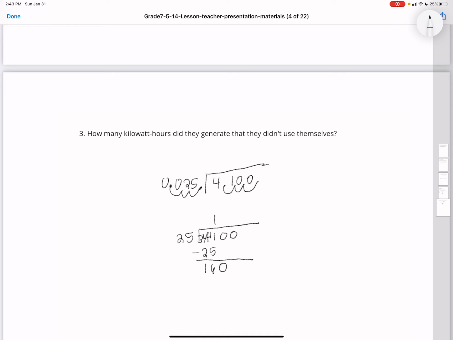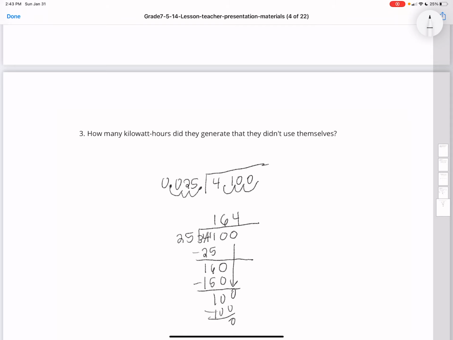Well, 160 is close to 150, and 25 could go into 150 six times. And then you ask yourself, how many times can 25 go into 100? Well, there's 4 quarters in $1, so 25 can go into 100 4 times.